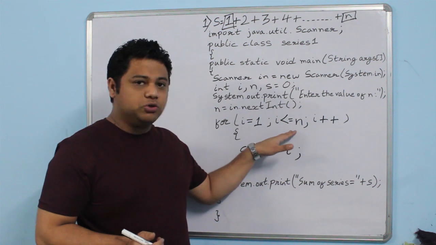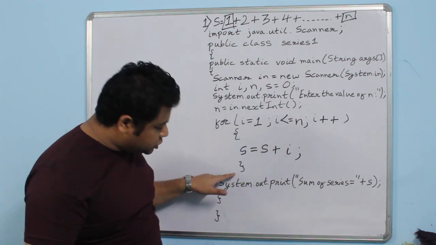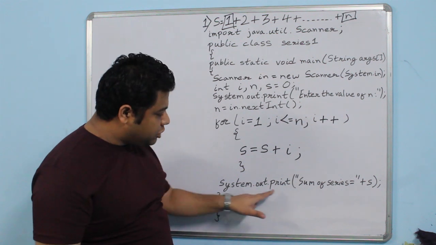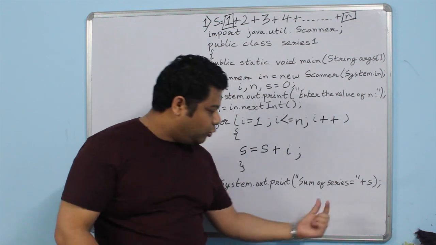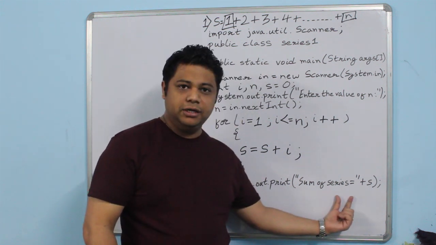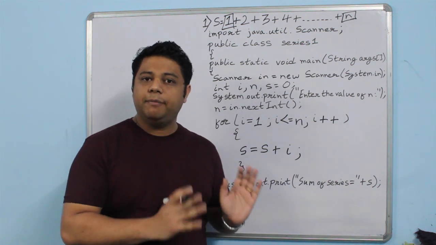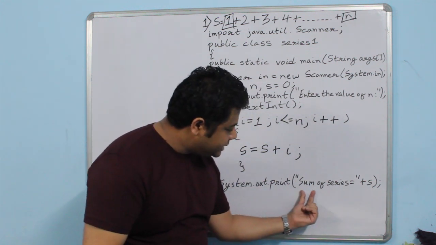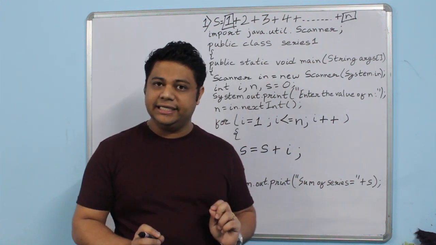So this way the addition is done. And after the loop is over, I've told you the display has to be outside the loop. So after the loop is over, we display System.out.print. Now I've seen some students have the habit of writing only S. They don't write the description. So I want you all to write the description. At least the user must know what the program is about. So in double quotes I'm writing sum of series equals to. So this thing will be displayed as it is.